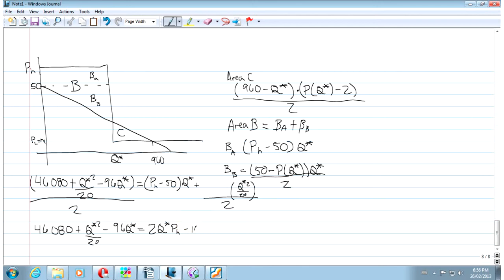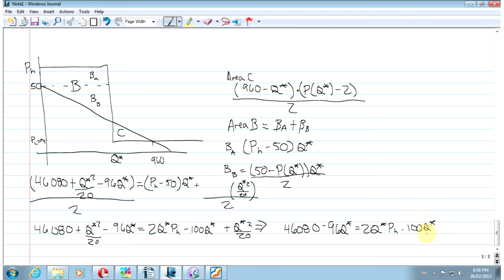And I multiplied through by 2, so this is now 100 Q star. And I still have this plus Q star squared over 20, but I don't have it for long because it's on both sides of the equation. So this just becomes 46080 minus 96 Q star equals 2 Q star pH minus 100 Q star.